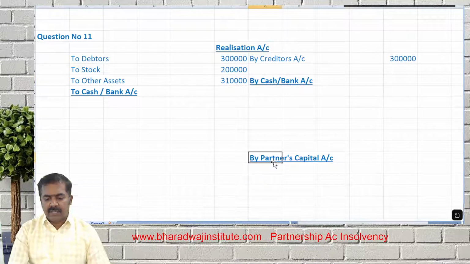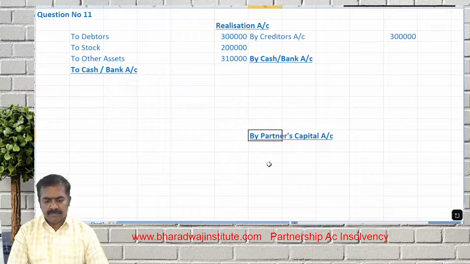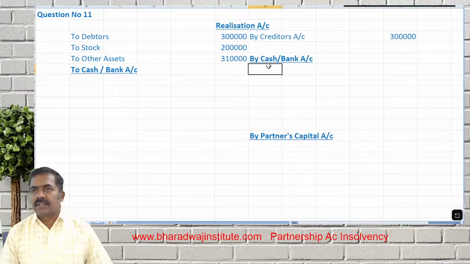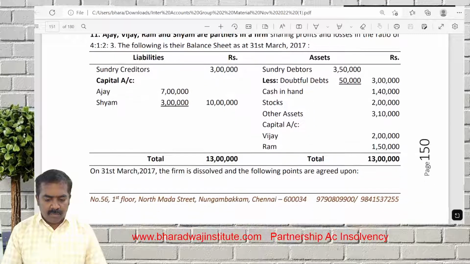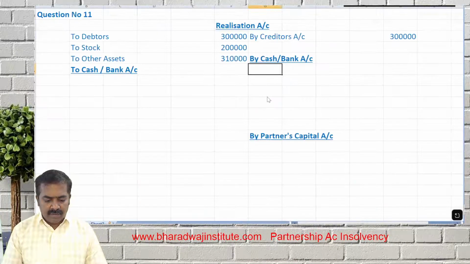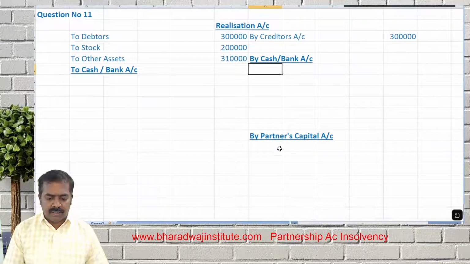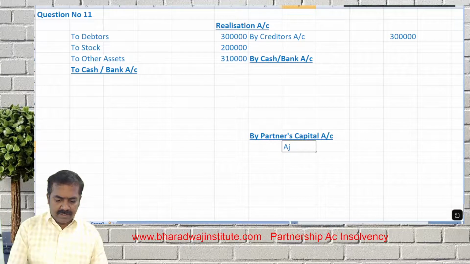Any asset taken over by a partner goes to the partner's capital account. Shall we check the answer? Tell me the amount realized. Debtors account: Ajay took over debtors at 80% of book value. It goes to Ajay's capital only.